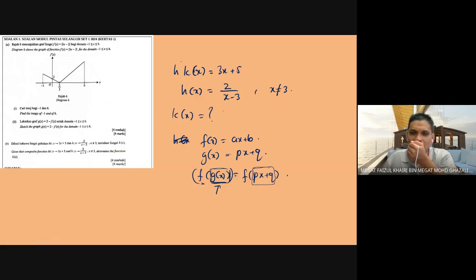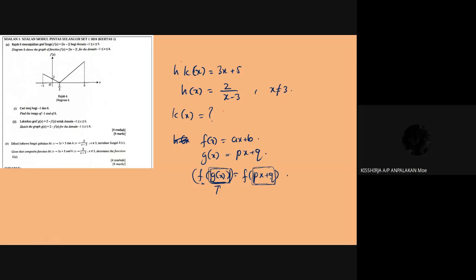This is a function of g(x). So we substitute the whole function of g(x) into x of the function f. So from my statement just now, the function of g(x), which is px plus q, we substitute into x.